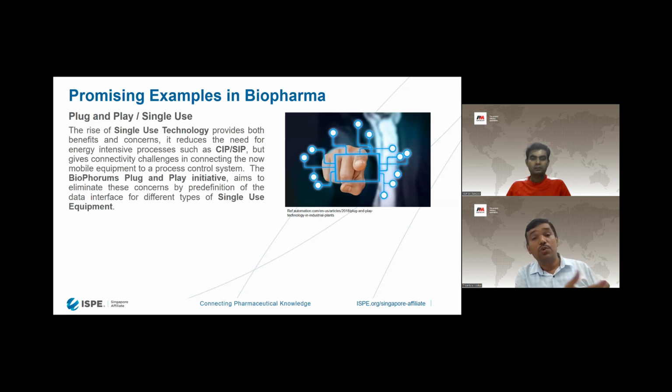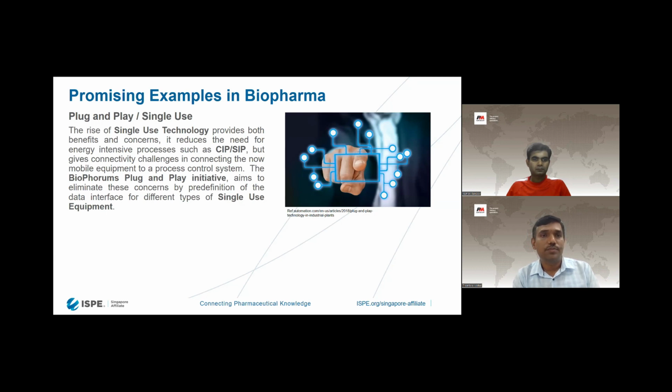Modular-type protocols are designed with this digital technology, so there is no handshake needed to get or retrieve data. So plug and play can play a vital role in single use, or wherever we use an analytical instrument to conduct a special test during the operation.